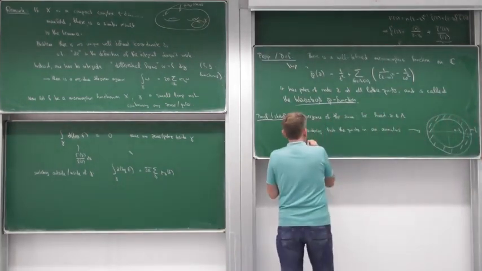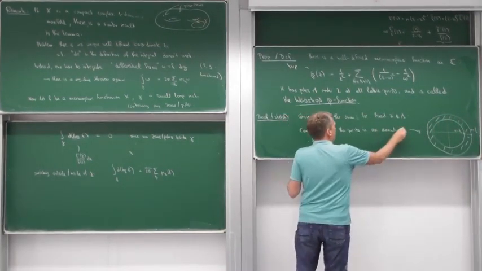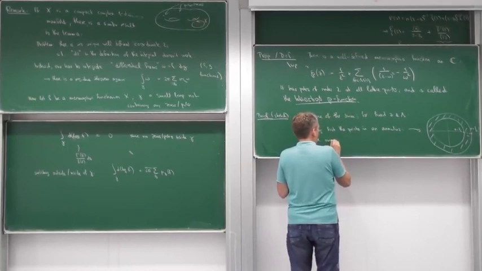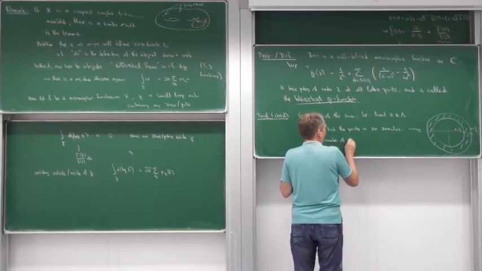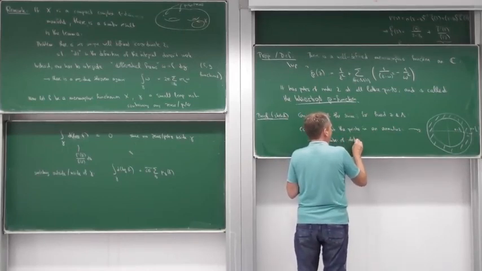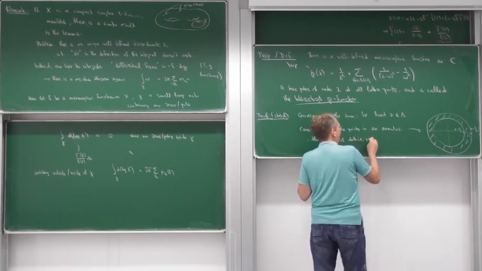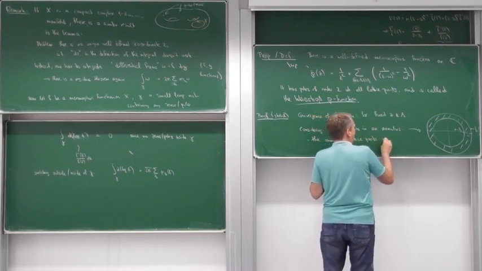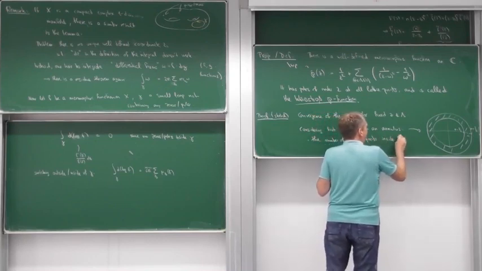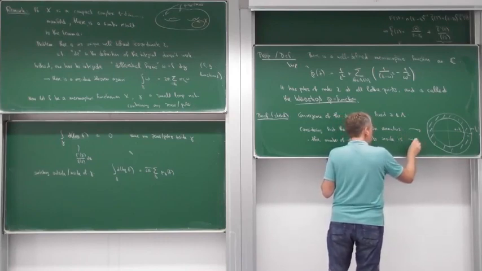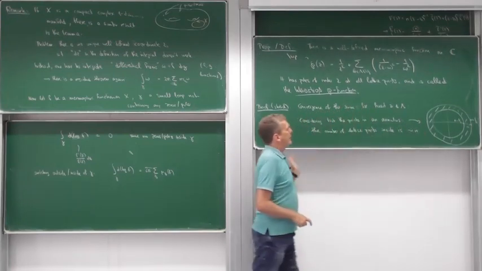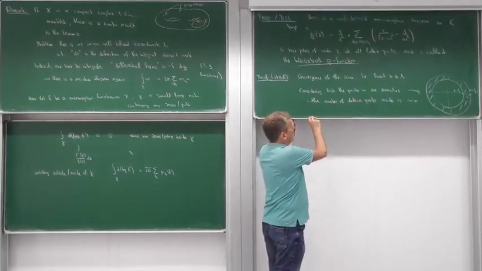So that means the number of lattice points inside is proportional to n. So it doesn't mean roughly n, but proportional to n.